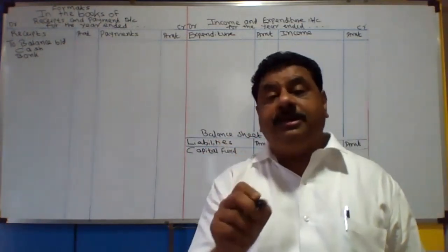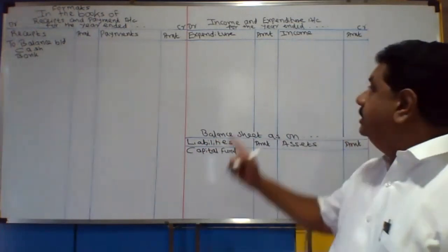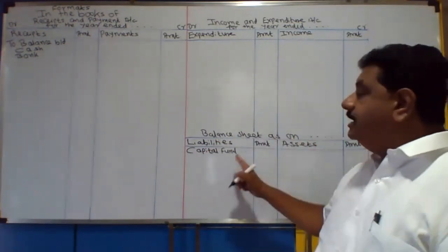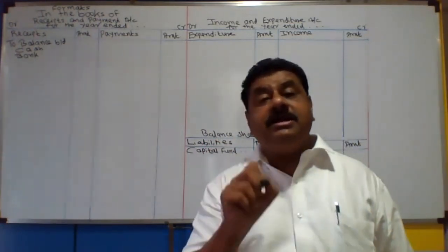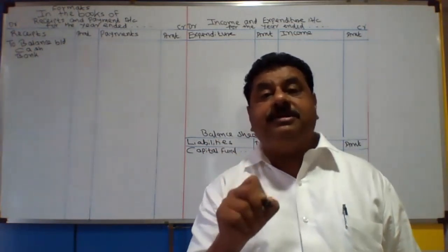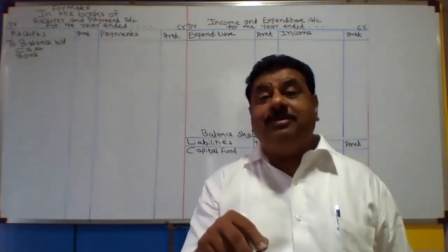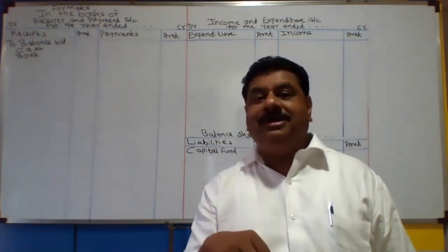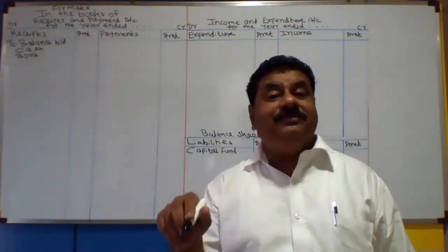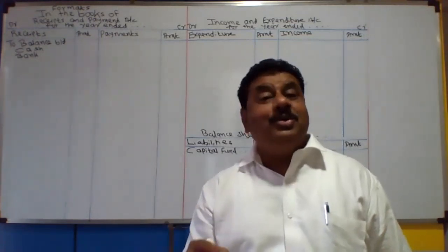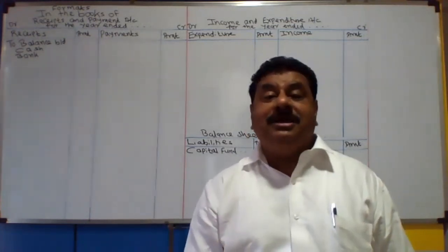Normally, you need to prepare in examination income and expenditure account and balance sheet of current year, because this chapter is for 12 marks. But sometimes you need to prepare two balance sheets, one for current year, one for last year also. Why for last year?